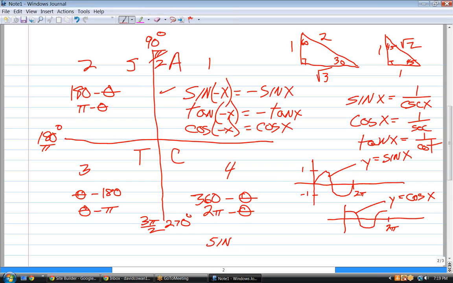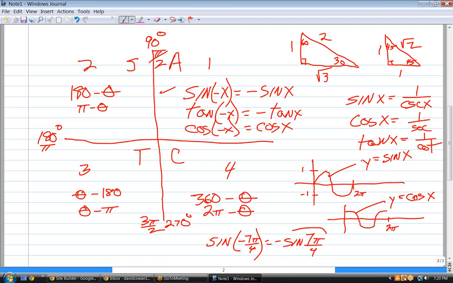Whatever you're more comfortable with. I'm more comfortable using this to start as my first step. In other words, the first thing I'm going to do is say the sine of negative 7 pi over 4 is equal to negative the sine of 7 pi over 4.